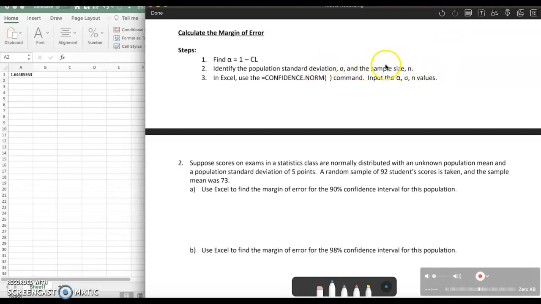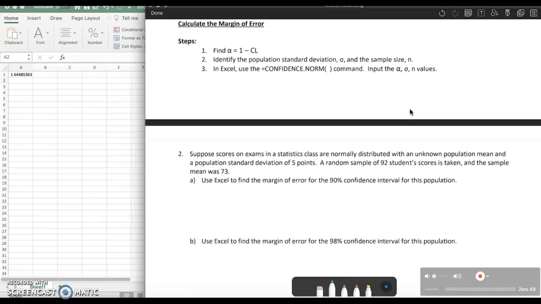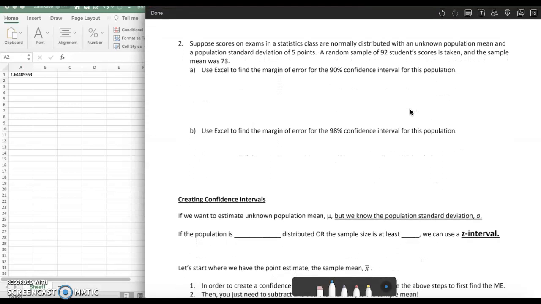So you have to be given those values, and then you calculate the alpha. Then we're going to hop over to Excel and use the confidence.norm command, input these 3 values, and that's going to give us our margin of error. So let's see how that works.